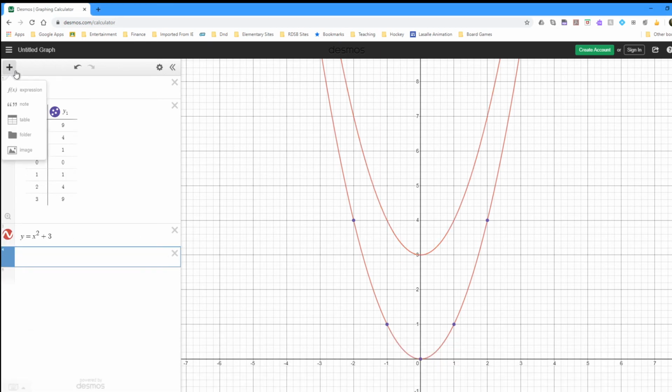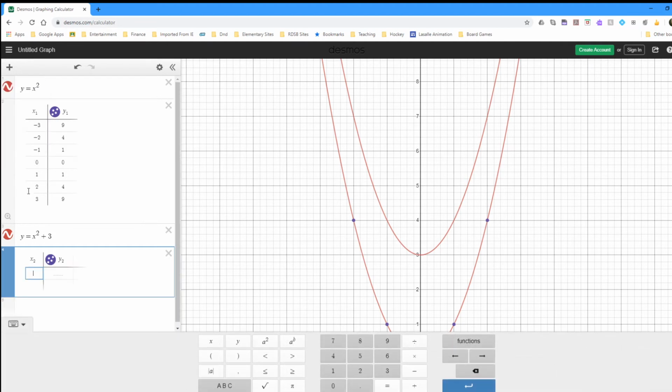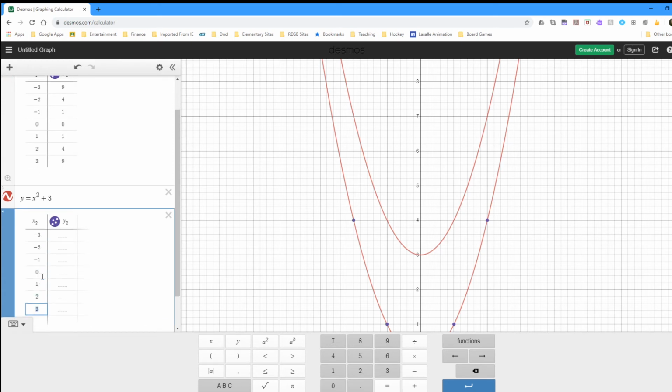So let's do another table of values. We're going to do -3, -2, -1, 0, 1, 2, 3 again. And let's add 3. So what am I saying to do here? I'm saying take the y value, which is x squared, which generated 9, 4, 1, 0, 1, 4, 9, and add 3 to all of those y values.